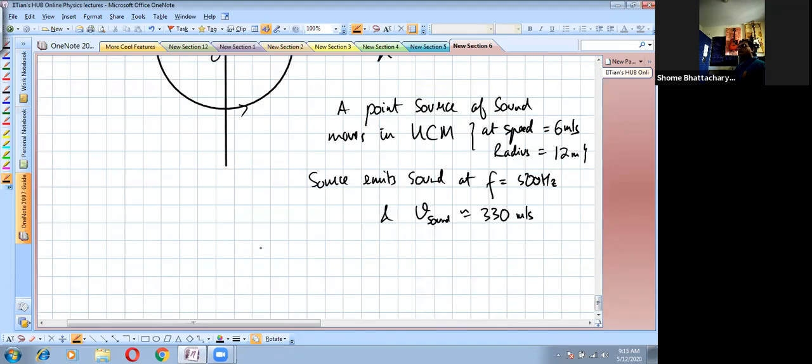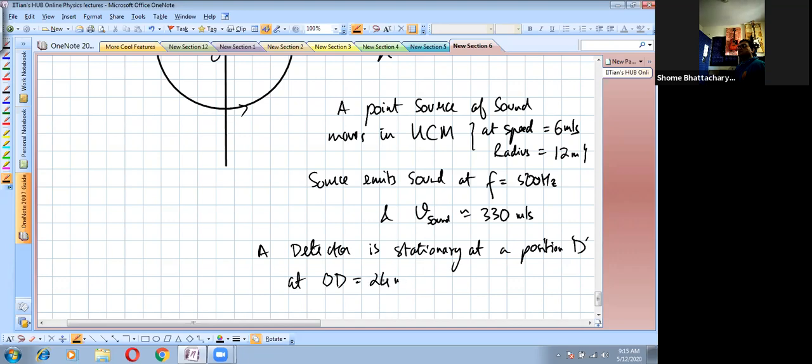Now a detector is stationary at a position D at 24 meters from the center.